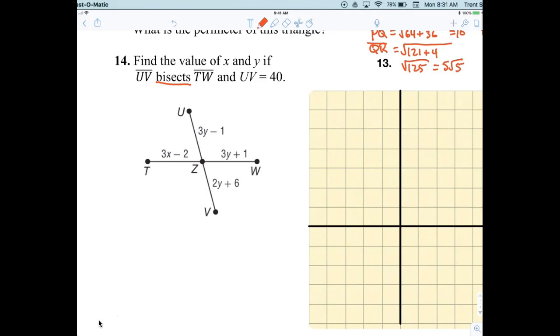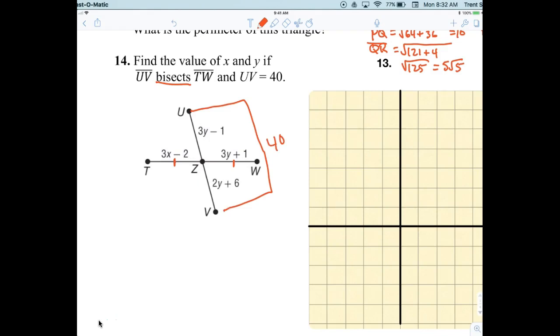So if UV bisects TW, then that means that is congruent to that. You agree with that? And it says UV is equal to 40. So this distance from here to here is 40. Do you agree with that?